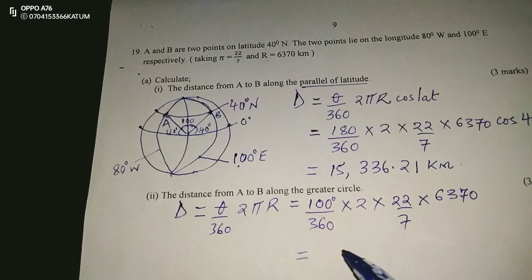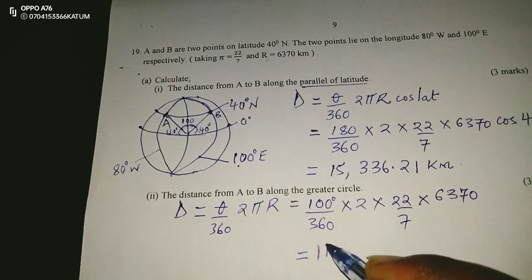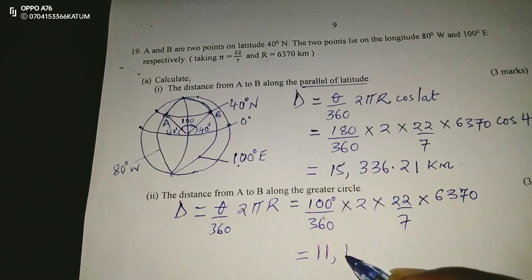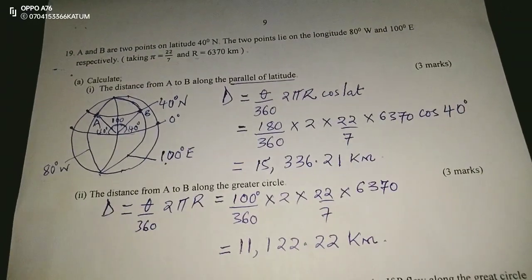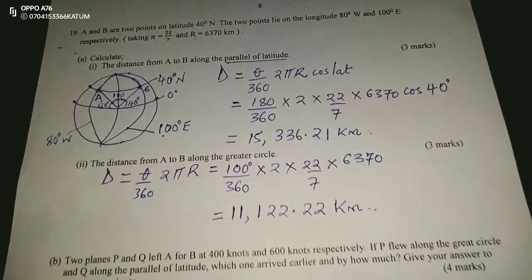When we take 100 by 2 by 22 by 6370 divided by 360 times 7, this gives us exactly 11,122.22 to 2 decimal places kilometers. So these are the distances along the parallel of latitude and along the great circle.